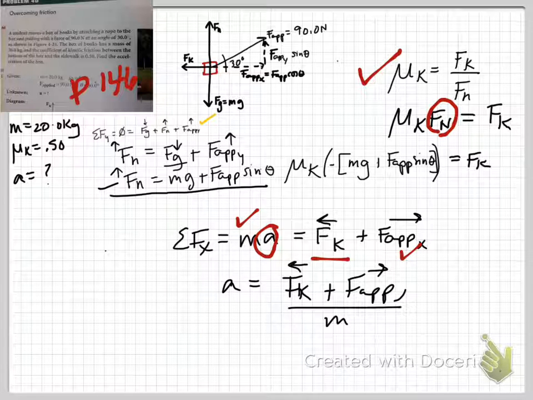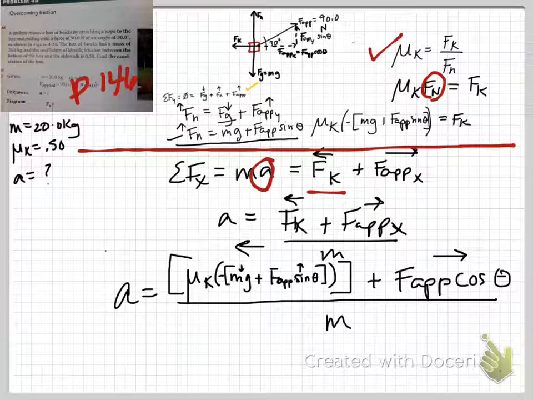If we're using sine as a proxy for direction, looking at the little arrows that I've put over fk and f applied x, those are in opposing directions. So whatever the magnitude of that fk comes out to be, it has to be opposing the applied force. So you have to be looking at the difference between those two things. So their sum, in essence, should be less than the sum of the magnitudes. Okay?